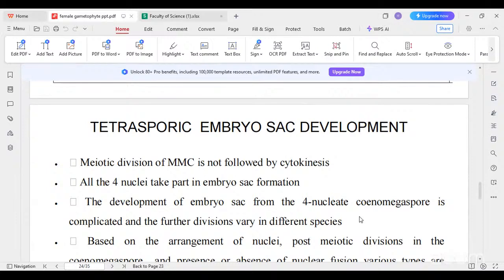In tetrasporic embryo sac development, the meiotic division of the MMC, meaning megaspore mother cell, is not followed by cytokinesis.